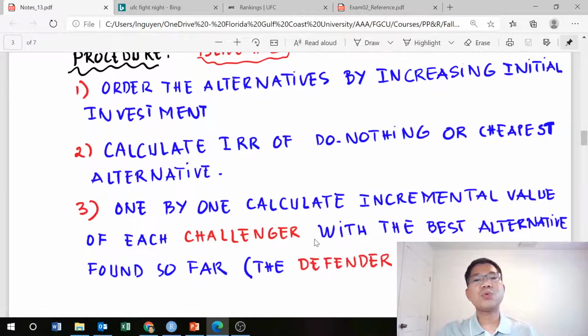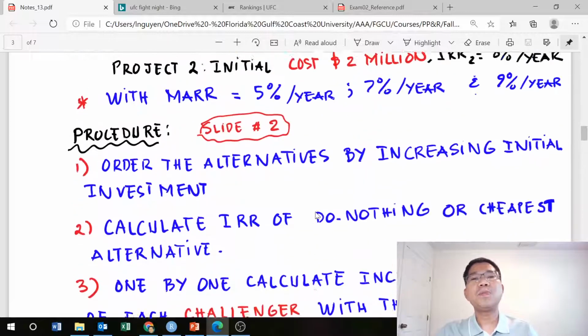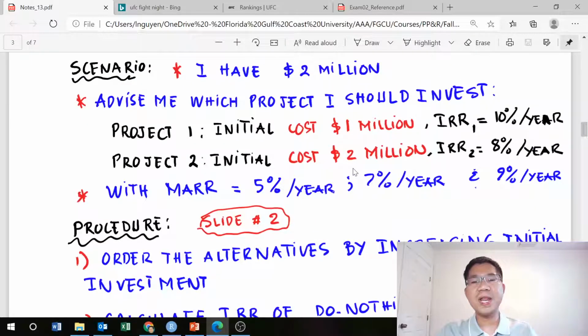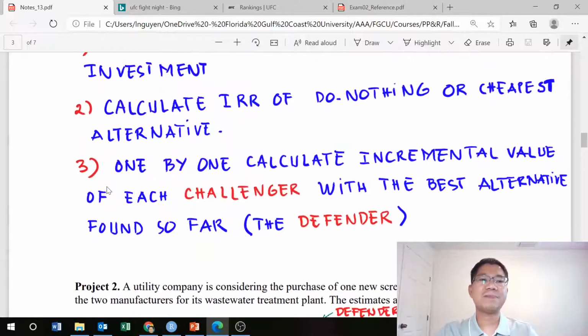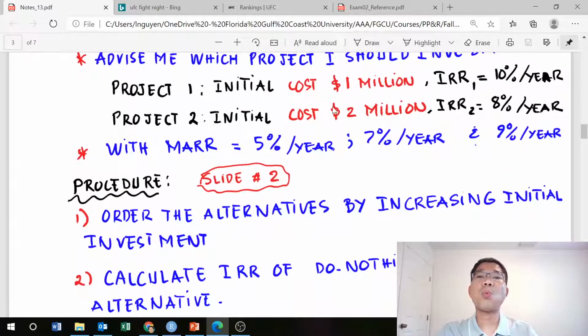Then step 3, you want to know whether it's better to put more money, jump from 1 to 2 millions. We talk about opportunity cost. It makes more sense to put more money, to jump from project 1 to project 2. That is step 3. Should I put extra 1 million? And with 5% per year, you remember what we said earlier?